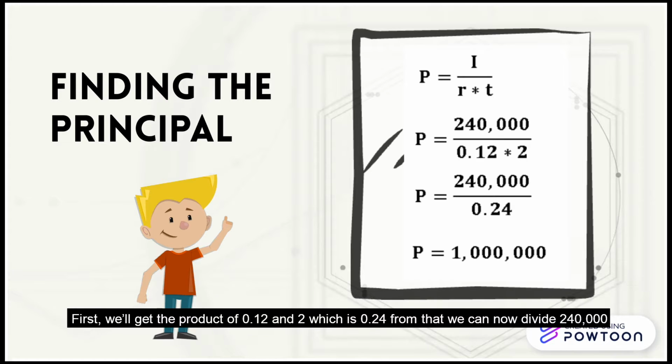First, we'll get the product of 0.12 and 2, which is 0.24. From that, we can now divide 240,000 by 0.24, and we'll get a quotient of 1 million. And that 1 million is the principal or initial value.